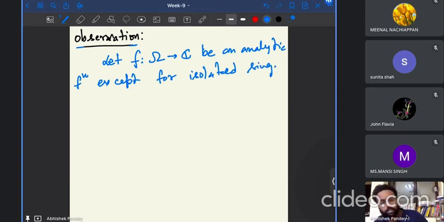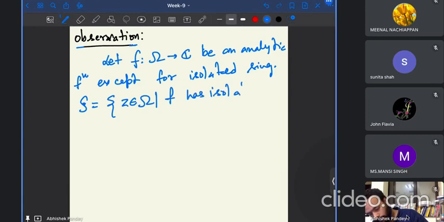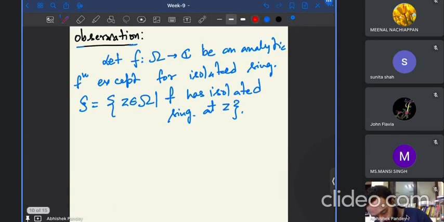Okay, so consider this set S, the set of z belonging to omega such that f has an isolated singularity at z. Okay. So my claim is S is a discrete set.